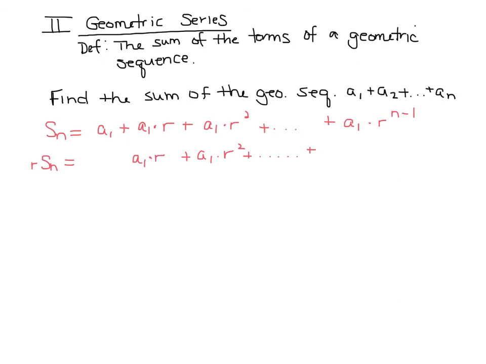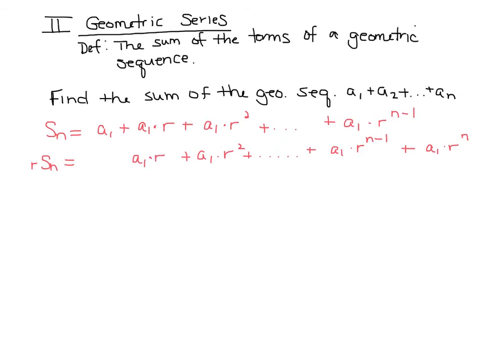It's actually a sub 1 times r to the n. So my second to last term matches up here. Is a sub 1 times r to the n minus 1. And my last term is a sub 1 times r to the n. Because I multiplied by that extra r.